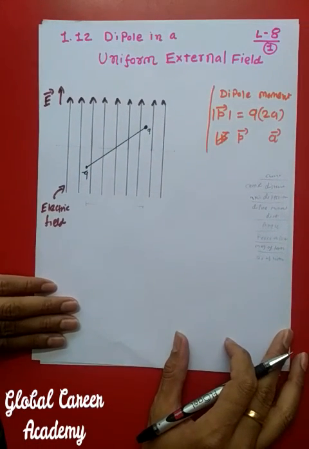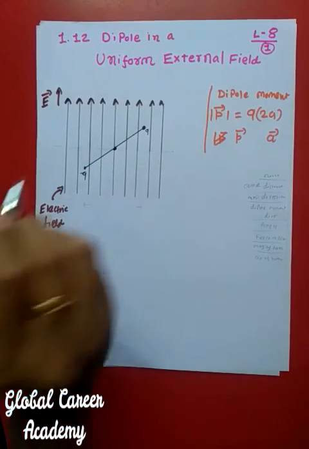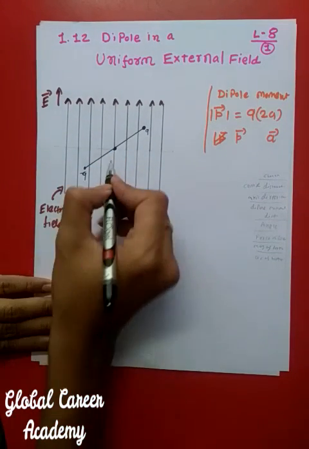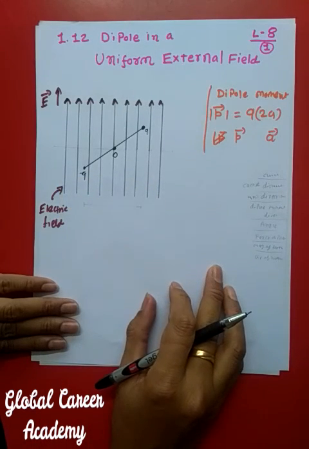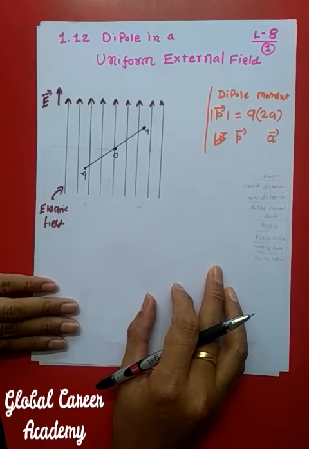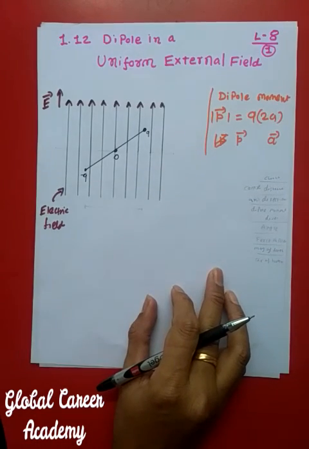The second thing you should show in your diagram is the center of the dipole. So here is the center of the dipole and I will denote it with O. It is the origin, so I am just denoting it with O. The next thing you should show is the distance between the two charges.